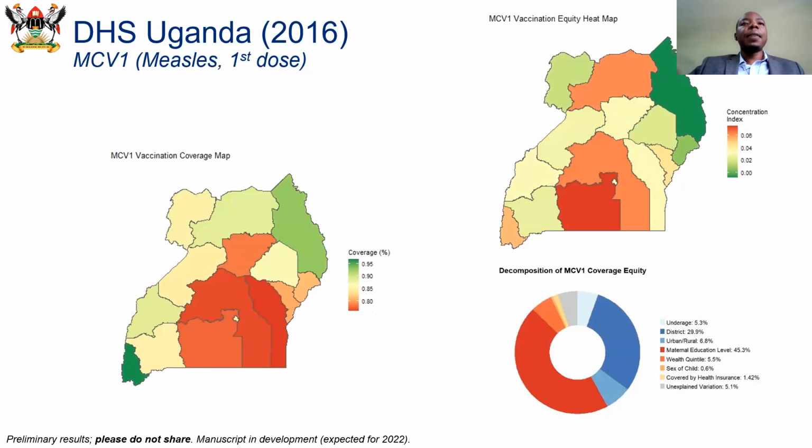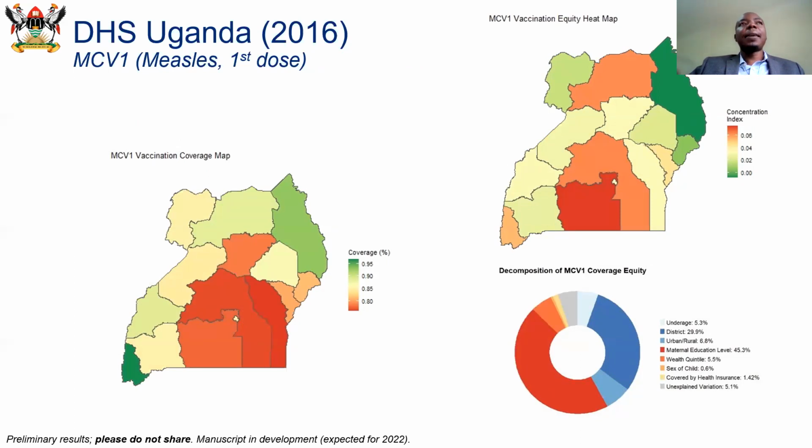So these are outputs for MCV1, still showing variations by region in terms of coverage and equity. It also demonstrates that whereas you can have very good equity coverage in one region, some districts in that same region can have high inequity indices, and vice versa.